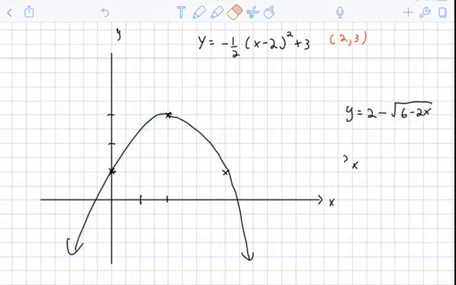We can look at this expression inside here. So like I said, the thing about the roots is that, wait, hold on. That's going down, and so it's probably that one.